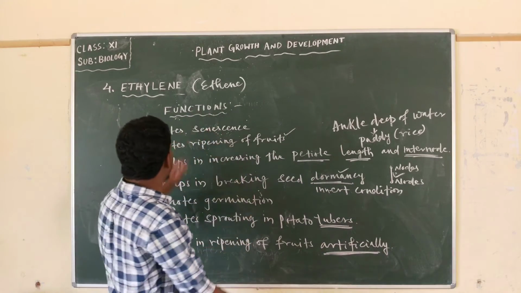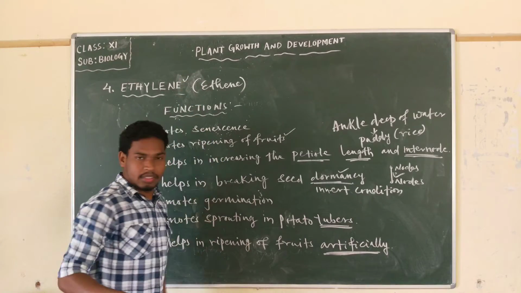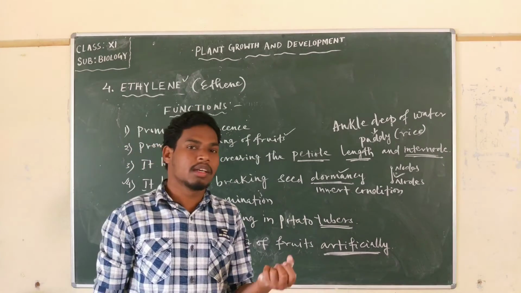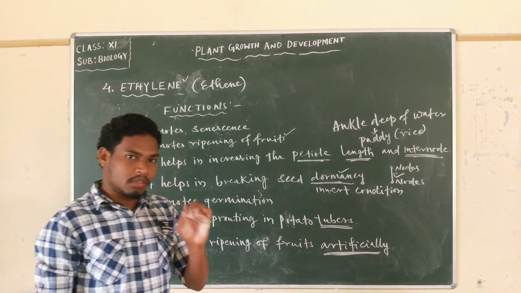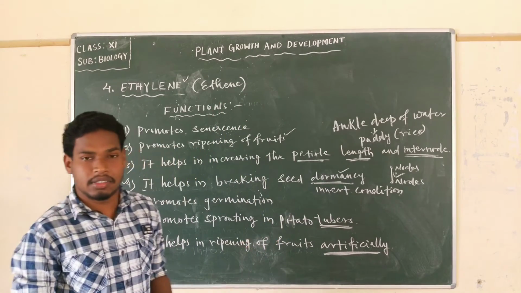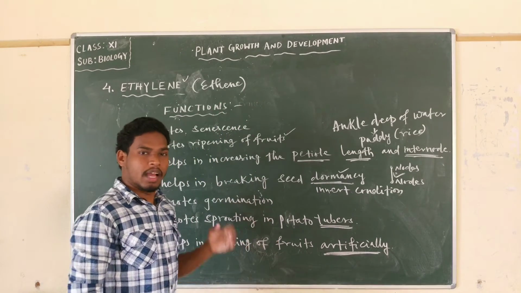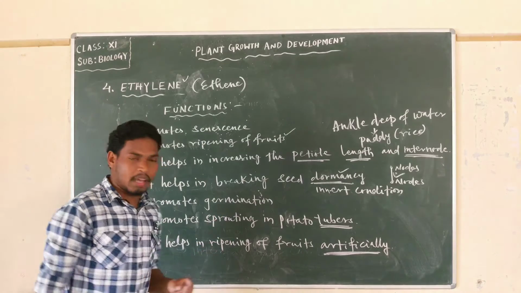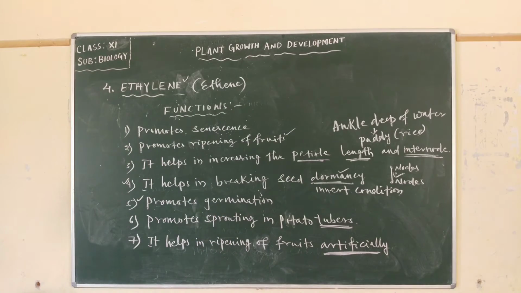Now, we know the action of ethylene. Ethylene helps in ripening of the fruits. So keeping in mind the function of ethylene, scientists have found out some chemicals that will influence the production of ethylene, and ethylene in turn helps in ripening of fruits.